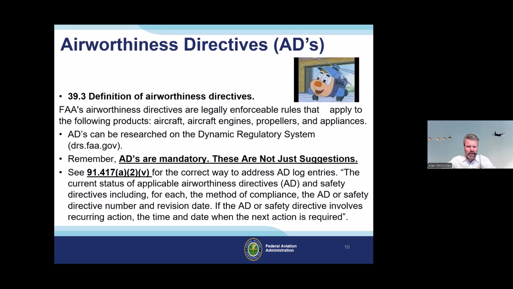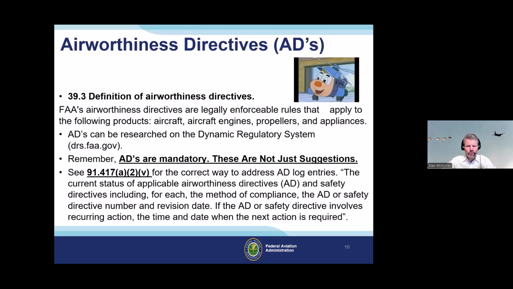So the revision might have gone from the original to Rev A or Rev 1 or whatever numbering system they used on that AD. So when you record yours, you need to record that I complied with AD, this is the number, and revision date this. And if it's the original date, then put the original date so that anyone knows, so that in the event it revises, you can come back and continue to keep up with it.